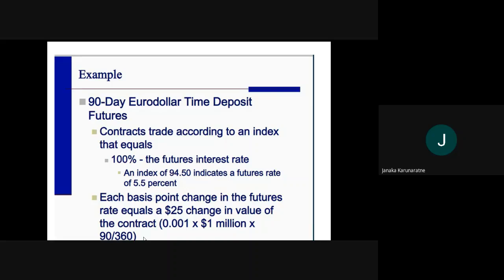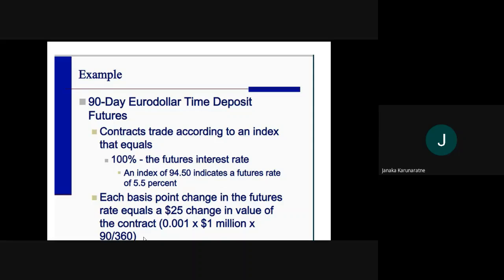You hold two contracts. One contract is worth 1 million, so two contracts, 2 million. The interest rate on futures on this 90-day Eurodollar time deposit moves either way, up or down, by 1%.